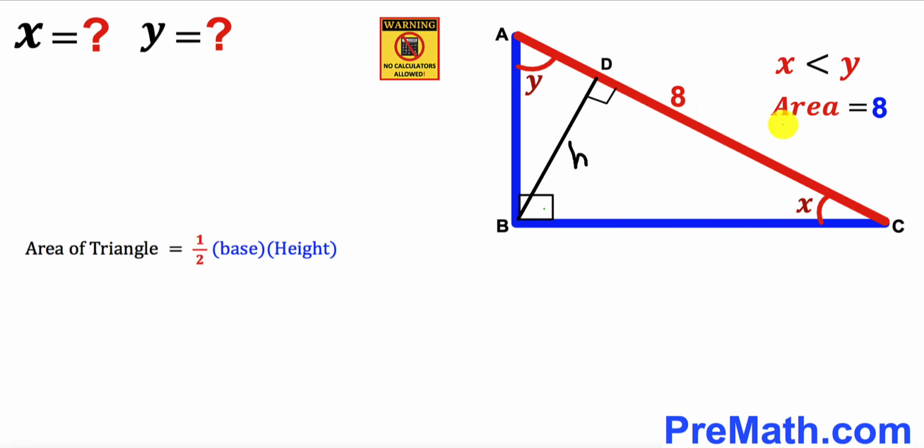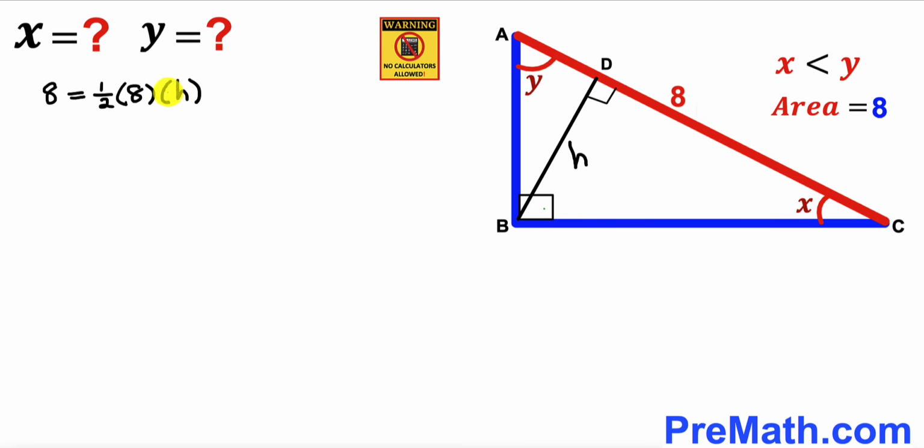We know the area of triangle ABC is 8 square units, the base is 8 units, and the height is h. Let's fill in the area formula: 8 equals a half times 8 times h.